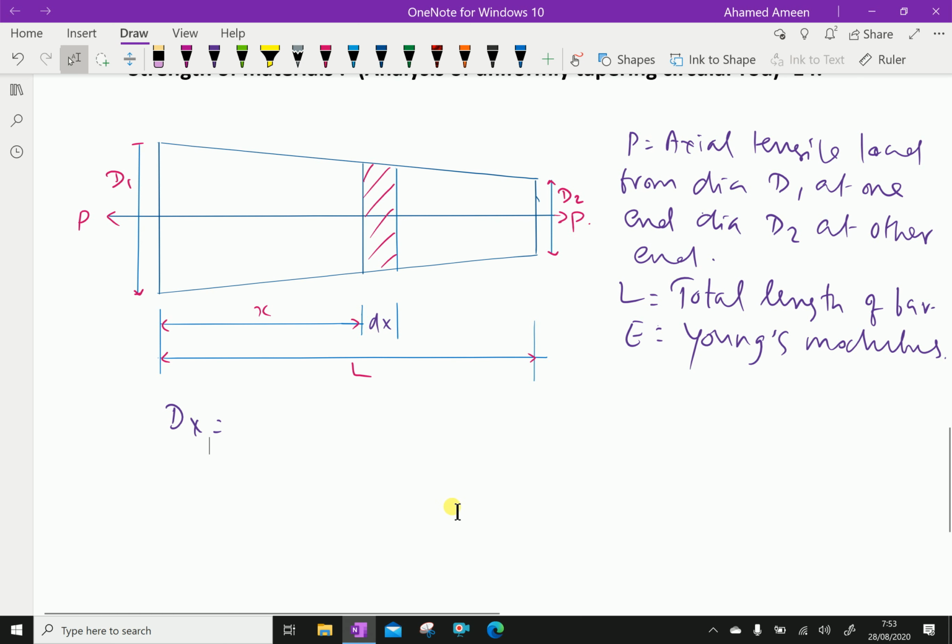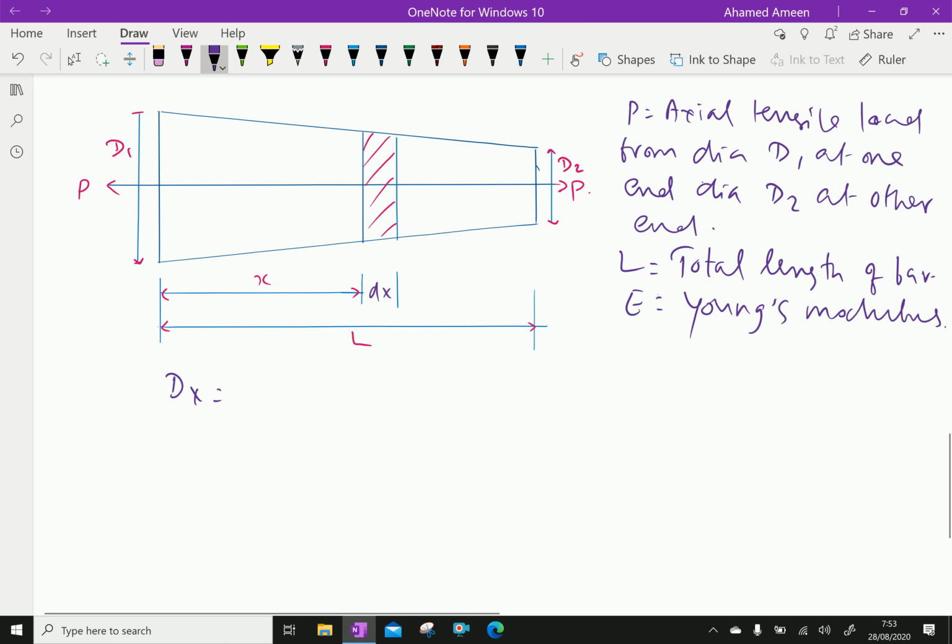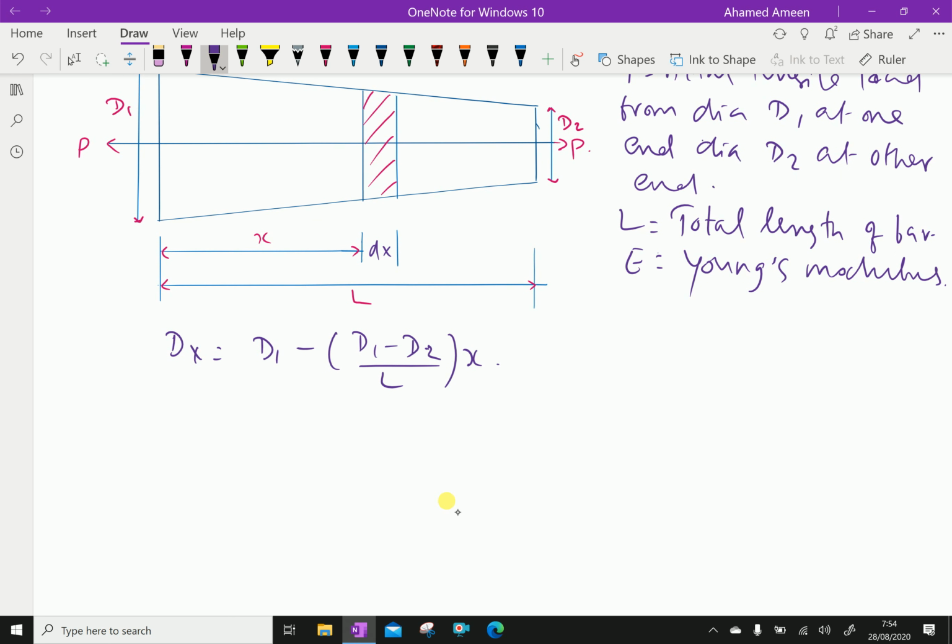By geometry, Dx is equal to D1 minus (D1 minus D2) over L into x, which is equal to D1 minus kx, where for simplicity we let k equal (D1 minus D2) over L.